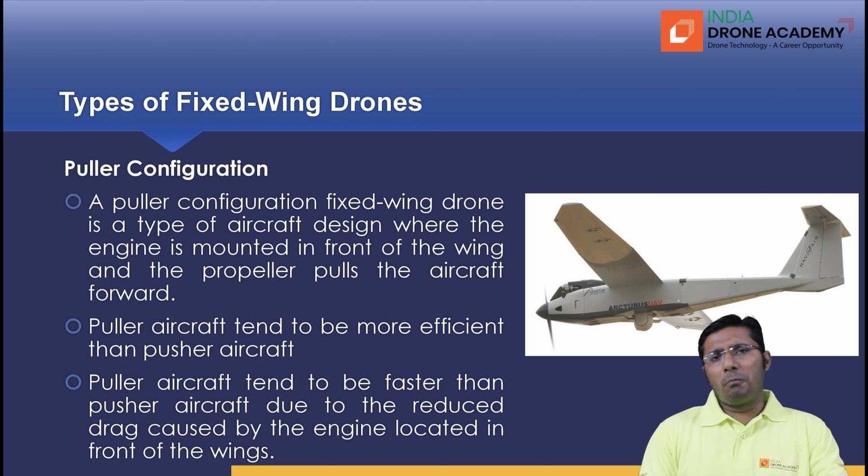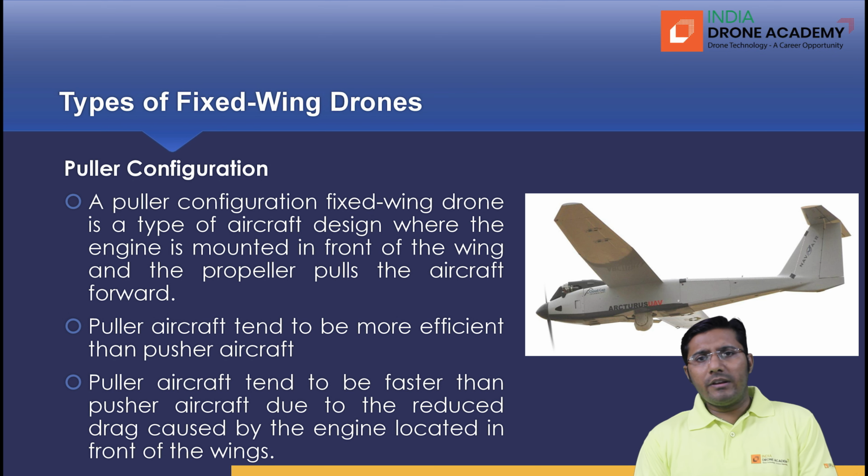Now, puller configuration. A puller configuration fixed wing drone is a type of aircraft design where the engine is mounted in front of the wing. We can see in the image the engine is mounted at the nose and the propeller is attached to that motor or engine in such a way that it pulls the aircraft forward. Puller aircraft tend to be more efficient than pusher aircraft.